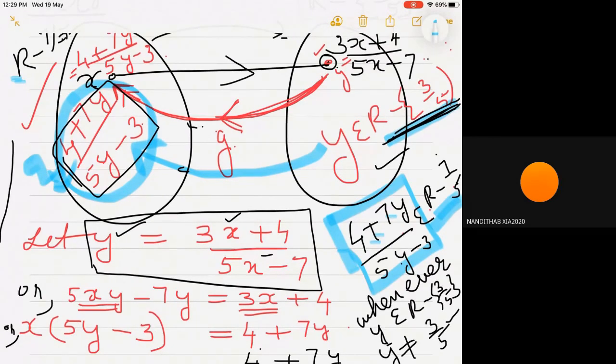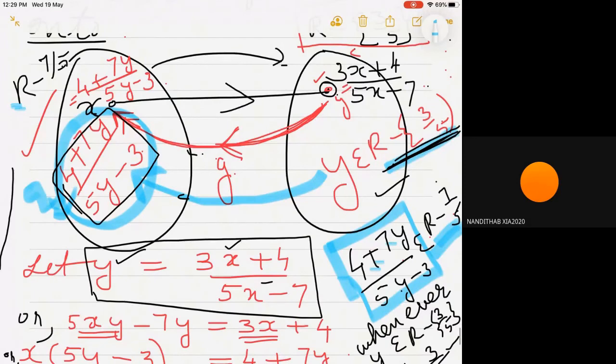That means for every y in R minus 3 by 5, you will be able to find 4 plus 7y by 5y minus 3 in this set such that y is the image of this. So this is the way you have to prove that f is onto.